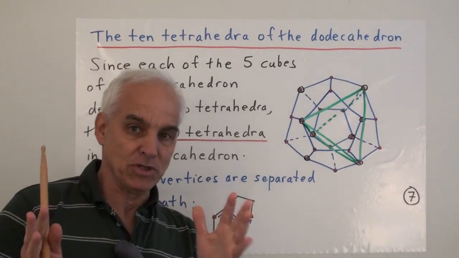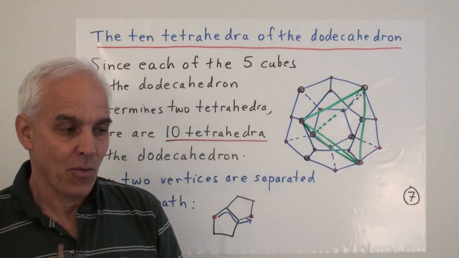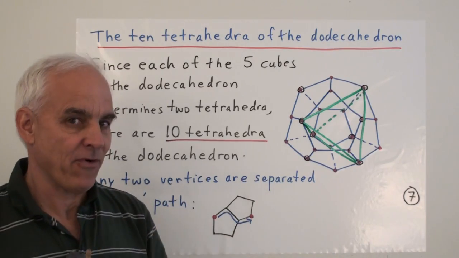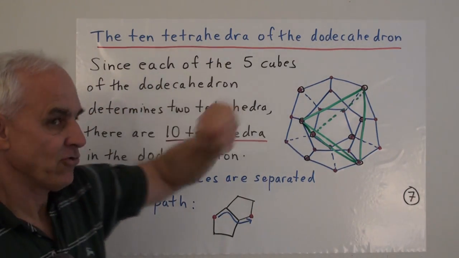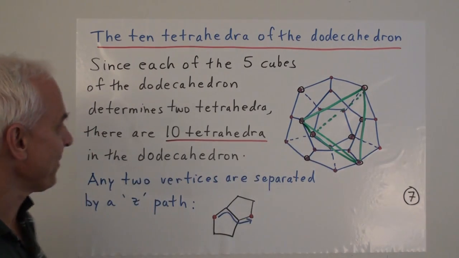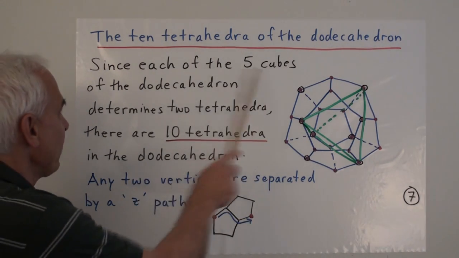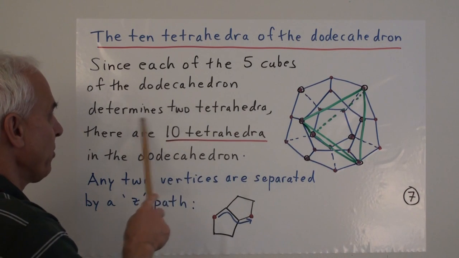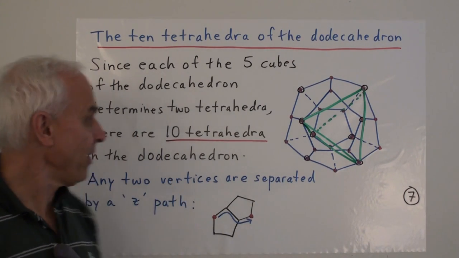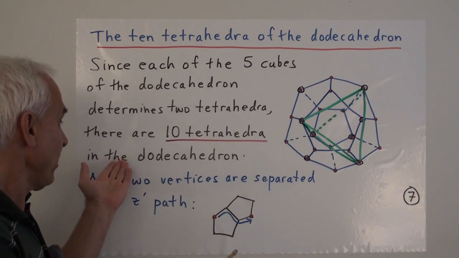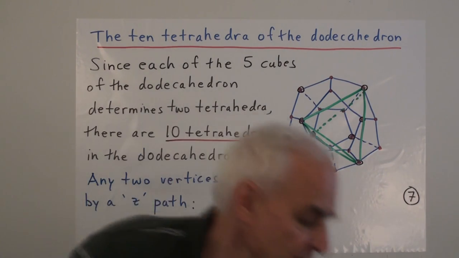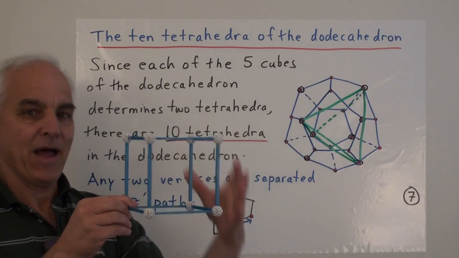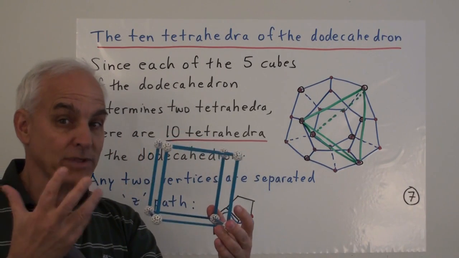From the 5 cubes of a dodecahedron, we can go one step further and deduce that a dodecahedron has 10 tetrahedra. So since each of the 5 cubes of the dodecahedron determines 2 tetrahedra, there will be 10 tetrahedra in the dodecahedron. I remind you that if we have a cube, we saw that it had a 2-fold symmetry.